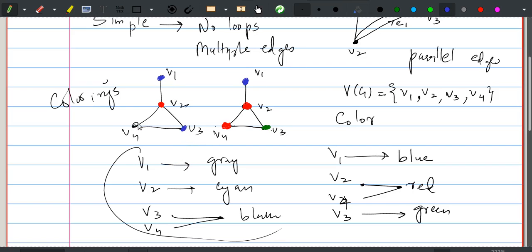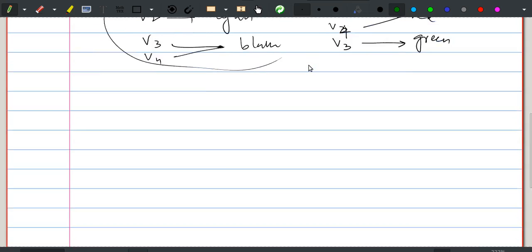Similarly we can color V4 with blue color also, but let us color this vertex with green color. So this is the coloring which we are interested in. So let us define first what we mean by coloring. So we have this definition.